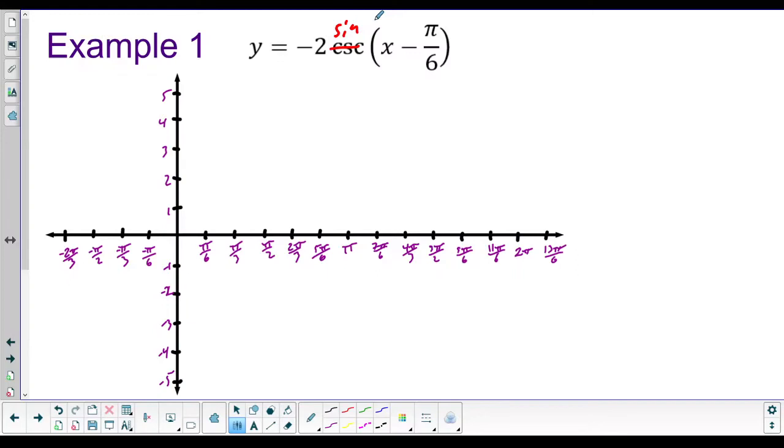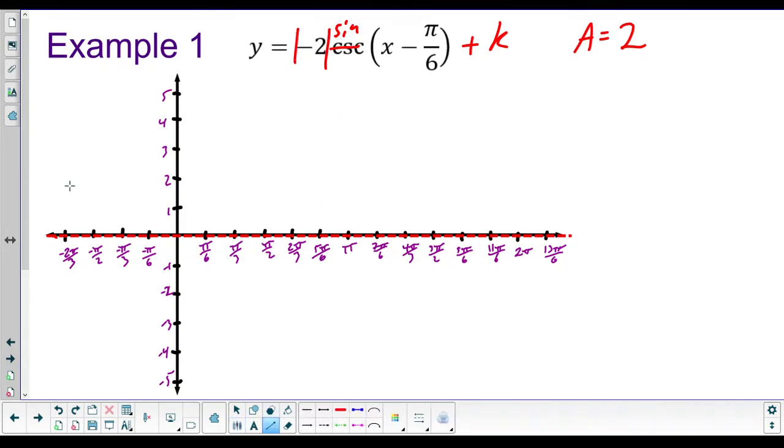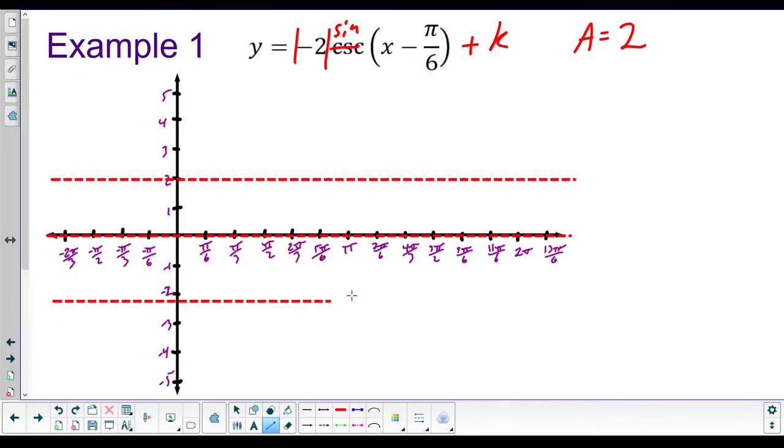Okay. So we don't have a k value, so our midline is still going to be at x. Oh, that's ugly. Let me get a real midline. Let's get red. Let's get a dashed line. We have our midline on the x-axis. All right, wonderful. Our amplitude is equal to 2. Remember, it's the absolute value of A. So we're going to go up 2 from the midline, and we're going to go down 2 from the midline.